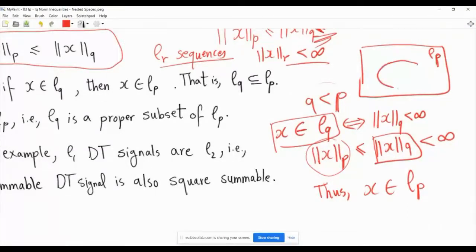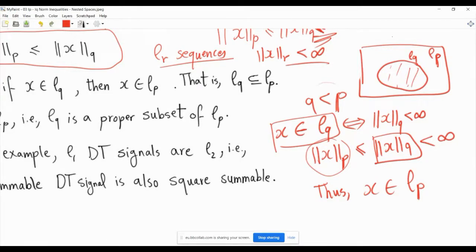So the LQ sequences are the sequences for which the LQ norm is finite. And because of the inequality we have just proved, if an infinite dimensional vector has a finite LQ norm, it is guaranteed to have a finite LP norm.